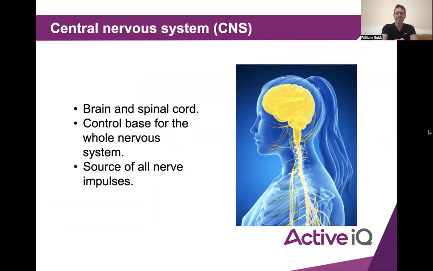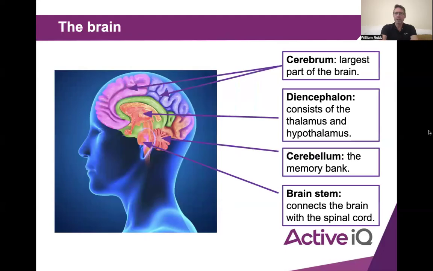So the central nervous system is your brain and your spinal cord. It's the control base for all your nervous system and the source of all your nerve impulses. The brain consists of the cerebrum, diencephalon, the cerebellum, and the brain stem.